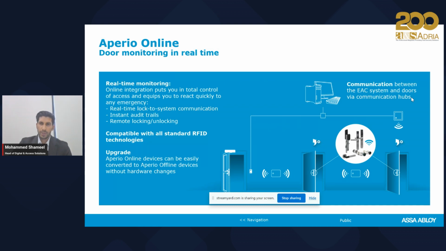They wirelessly communicate with a communication hub, and the live transaction is shared, and any changes in access authorization made in the software will get reflected immediately as well. You also have the flexibility of remote unlocking or locking functionality. Emergency mode in case of fire or any other kind of emergency can be monitored and implemented at the same time.